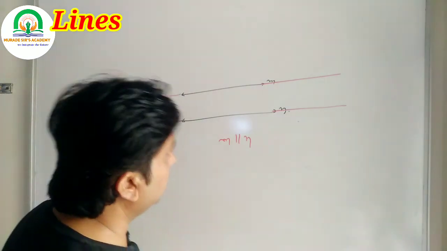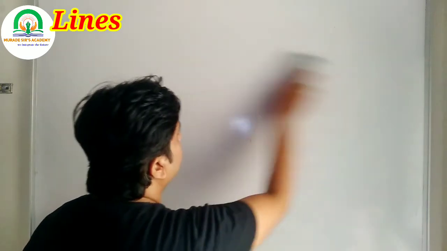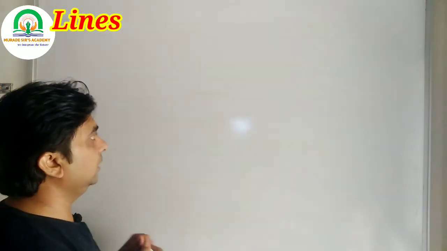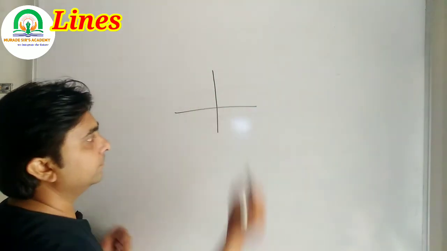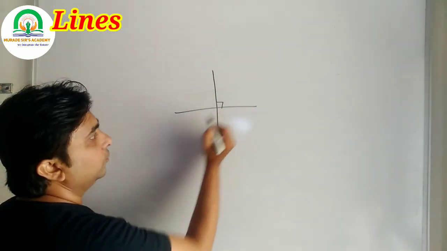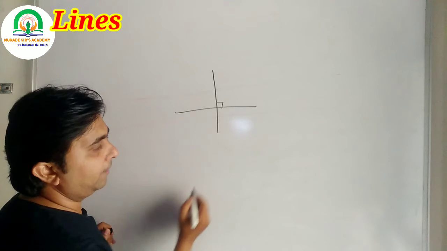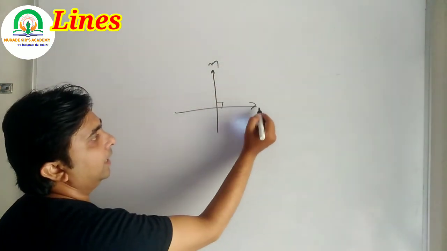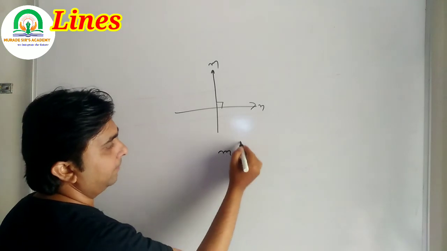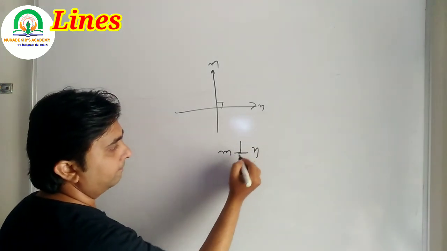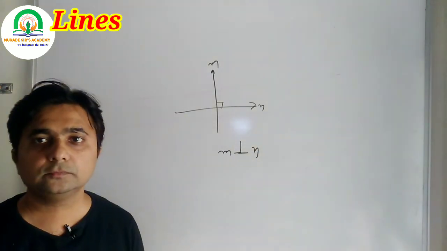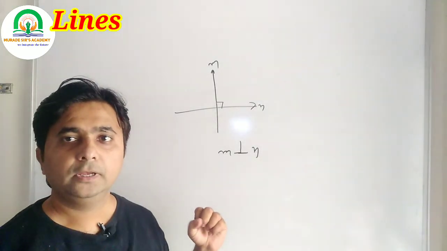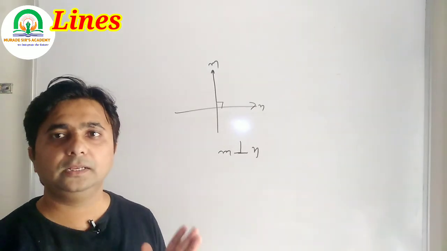Another kind of line: if lines intersect each other and make a right angle with each other, they are called perpendicular lines. This is line M and line N, so M is perpendicular to N. This is a very simple part. Railway lines are parallel lines.